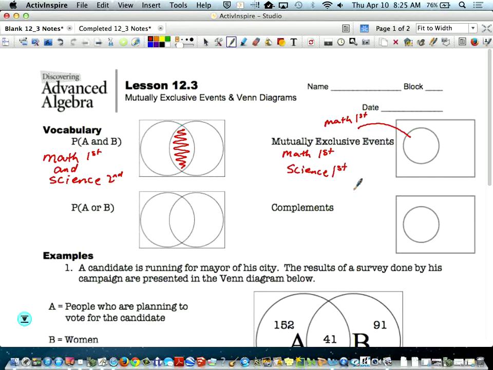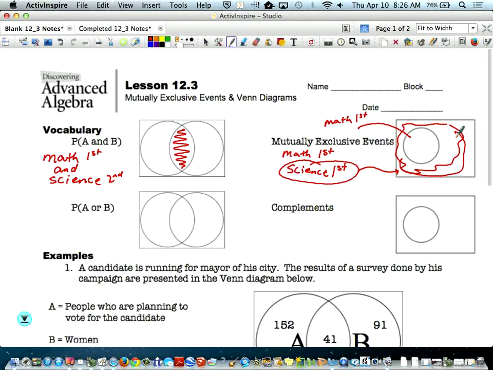So in this diagram, where are the science kids? Outside. So the circle would represent students taking the first hour math. Outside the circle is students taking science. P represents A or B.